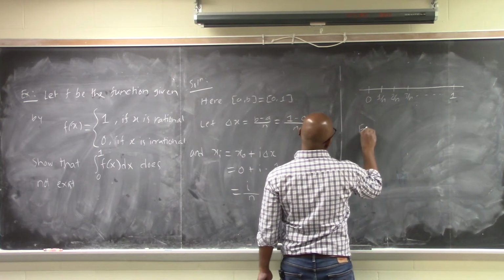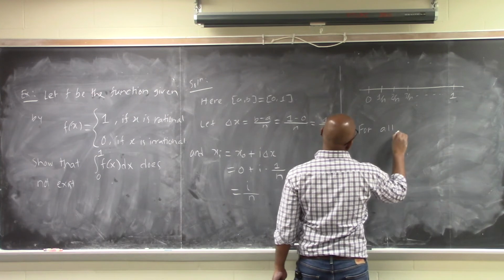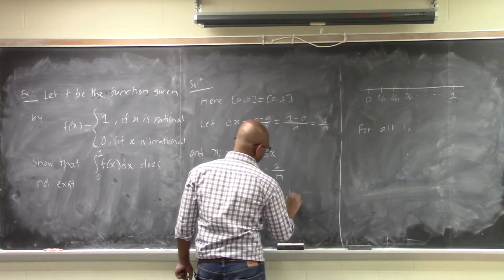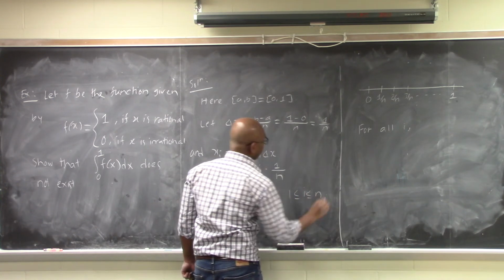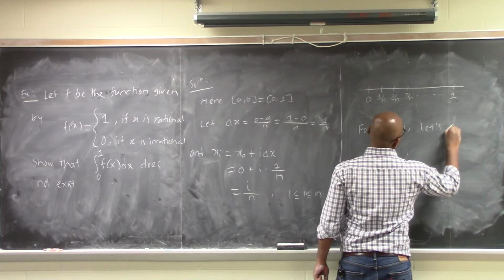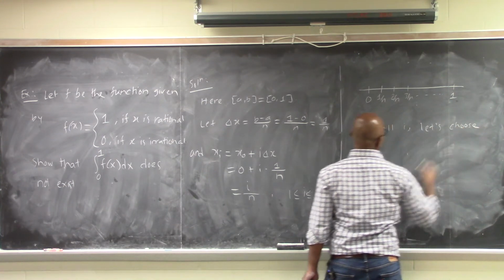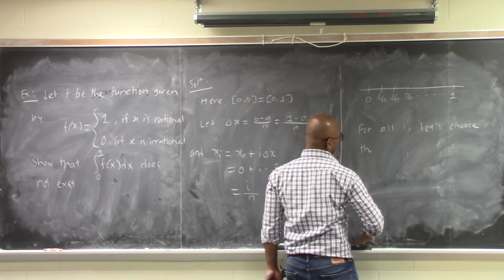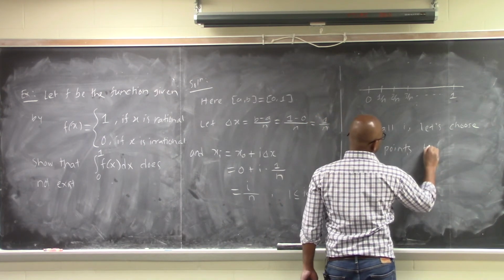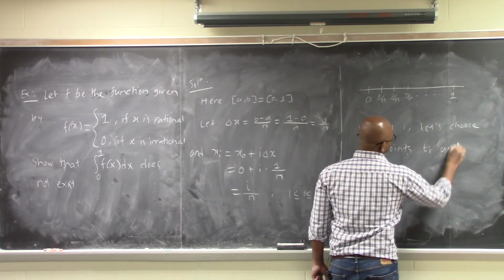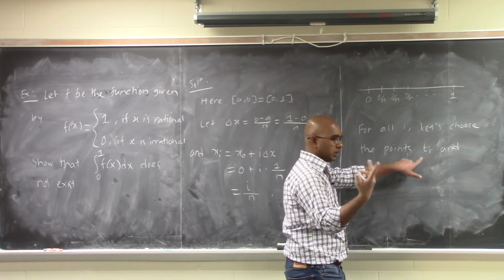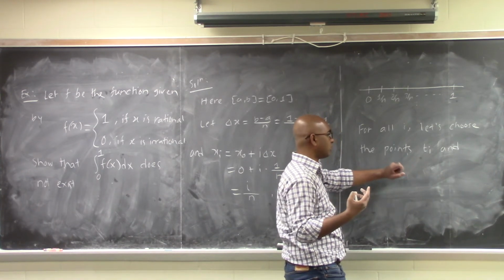For all i, so here i actually runs from 1 up to n. Okay, for all i, let's choose the points t_i, and yeah, we need a different name, because we need two different selections of points.